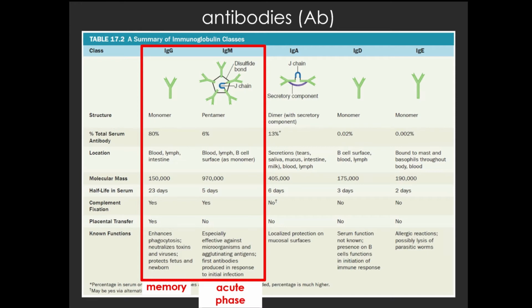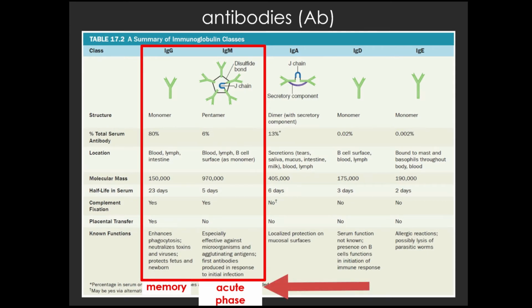You'll see here a table from your textbook, and you'll see that on that table I have drawn a red box around two particular kinds of antibodies, and those are IgGs and IgMs. These two are the only two that we're going to be discussing in this chapter, and the reason for that can be seen in the very bottom of this diagram.